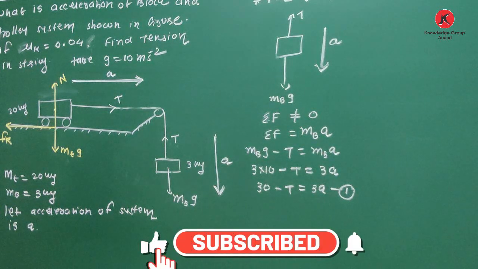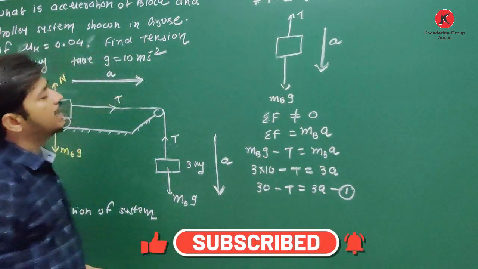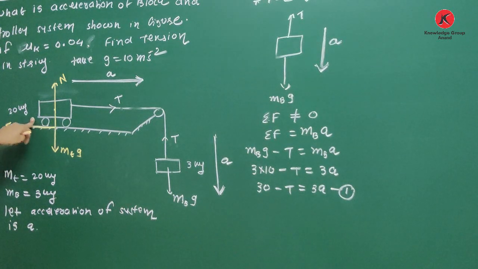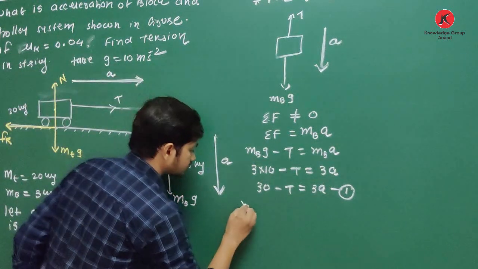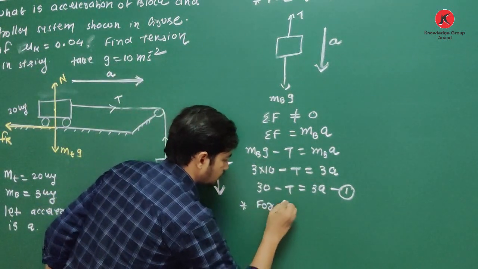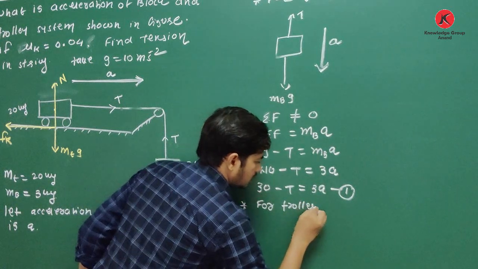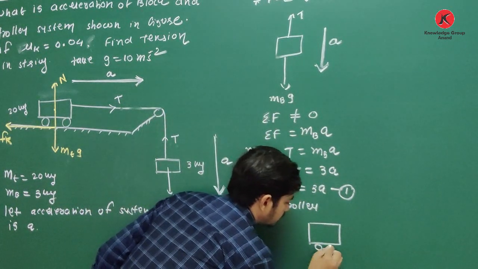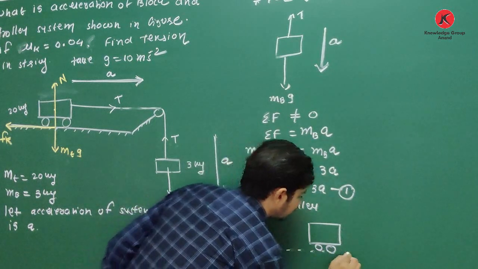Okay, now that is for the block. Now I will draw such forces again for the trolley. See, it is the trolley on this surface.